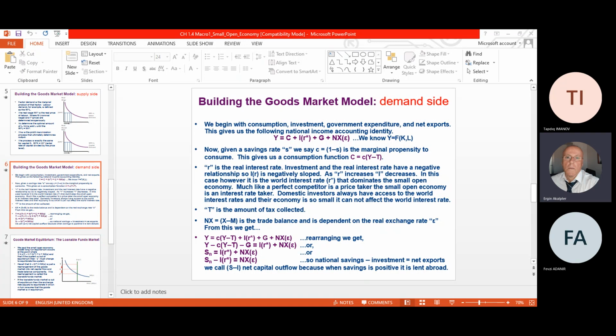From this point of view, when we rearrange the equation, we have Y equal to C, the consumption equation, of Y minus T, which is the disposable income, plus I of r, the real interest rate for the world, plus the government expenditures G, plus NX, which is the amount of net exports realized in the market. And when we move this Y to the left side of the equation, along with the G, we are of course rearranging this equation.